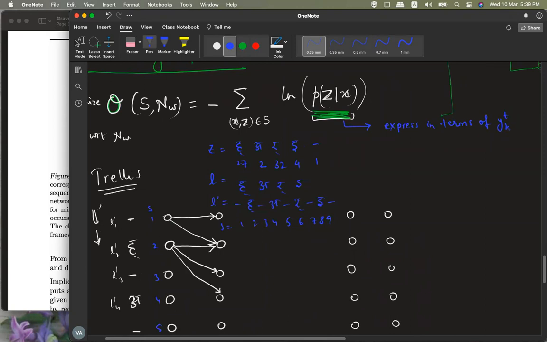Ultimately that's what I want to get. What is p(z given x) in terms of y_k^t? If I get this, then the rest of everything is very easy, very standard.